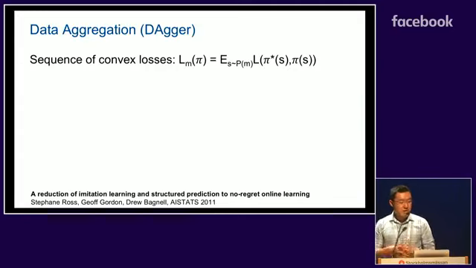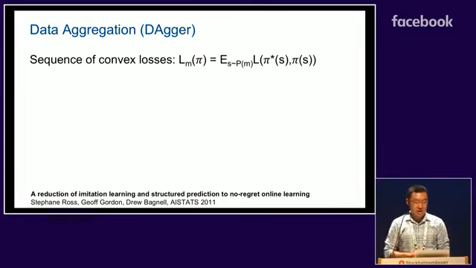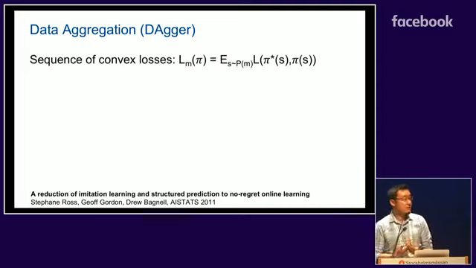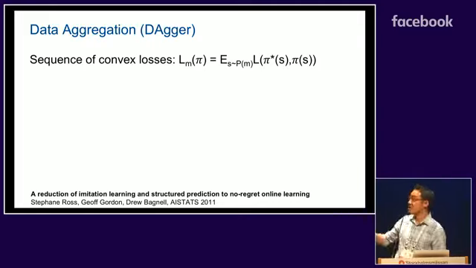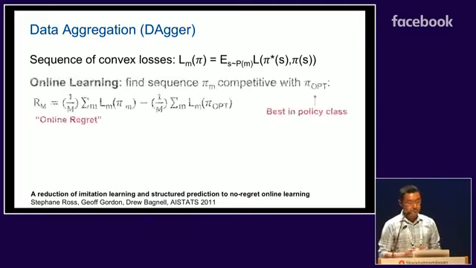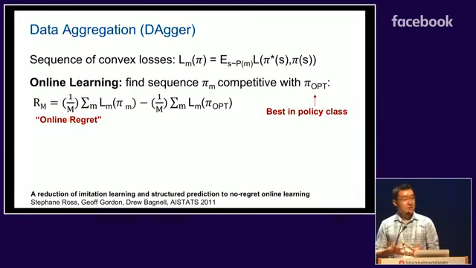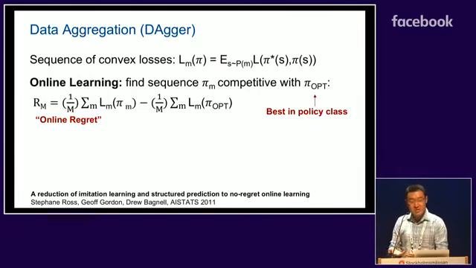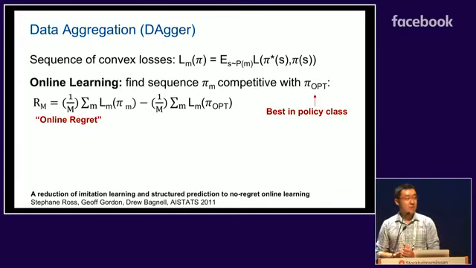Okay, the core algorithm for data aggregation is called DAgger, which is short for data aggregation. When you think about how to analyze DAgger, you reduce it to a sequence of convex losses. So imagine that each imitation loss is convex, and we have a sequence indexed by a little m. DAgger basically reduces imitation learning to a sequence of online supervised learning problems, and the goal is to find a pi sub m that is competitive with the best policy in our policy class in hindsight.